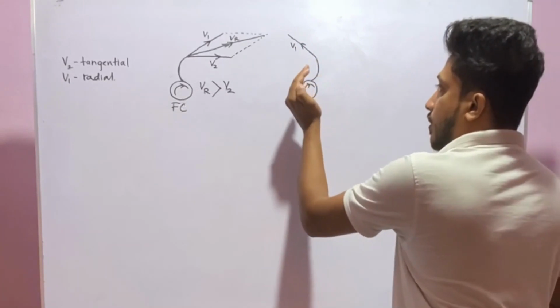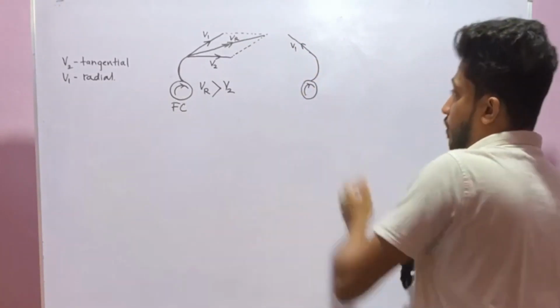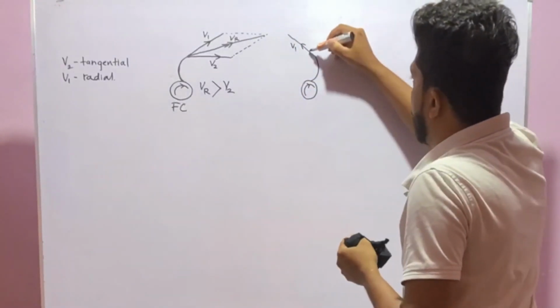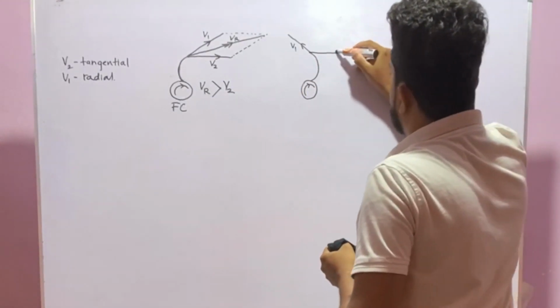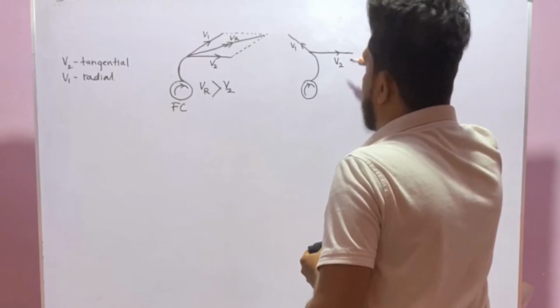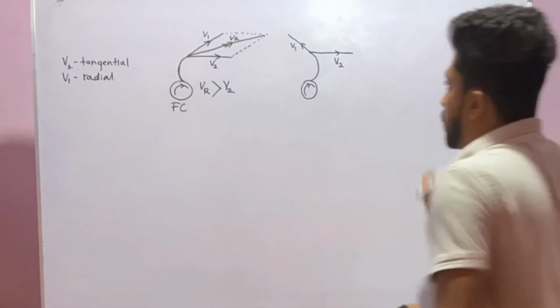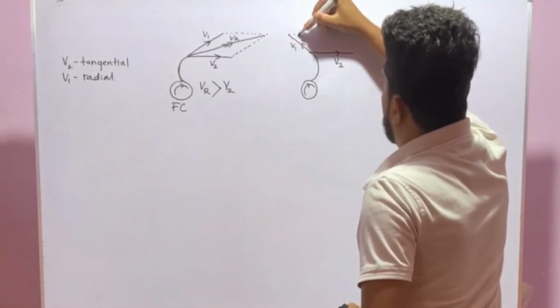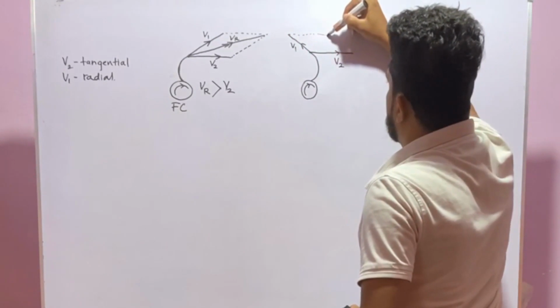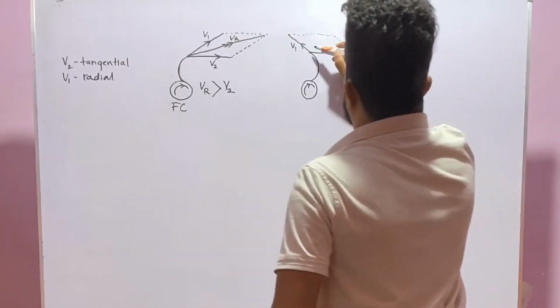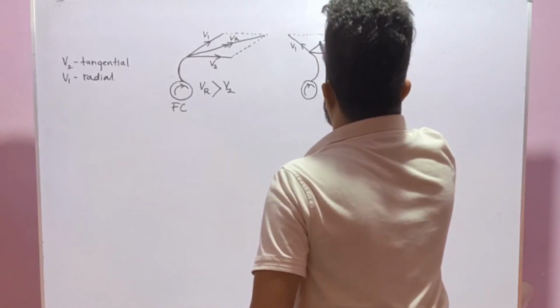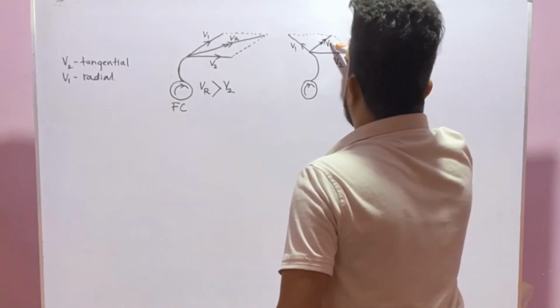This impeller is rotating in this direction. Because of that, they try to move this air in this direction. So it is the tangential velocity. So in order to get the resultant, this is the resultant.